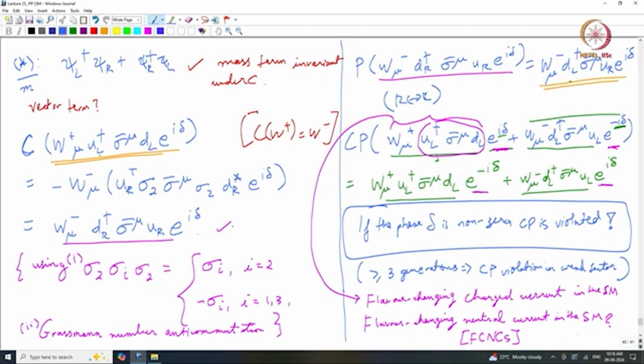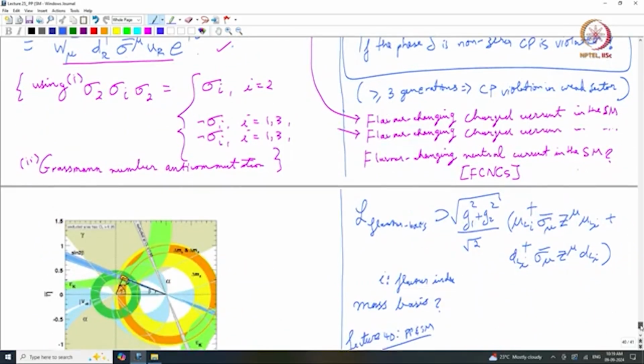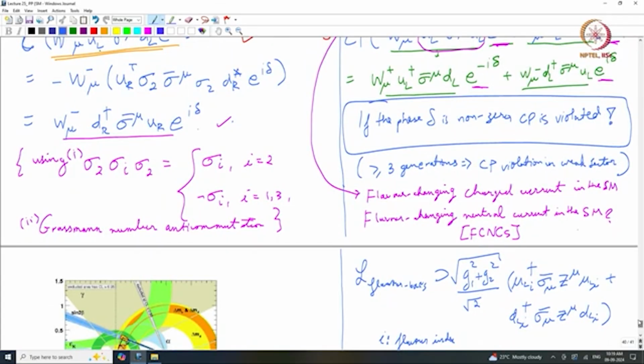So clearly that shows that if delta is not 0, under CP this Lagrangian piece is not invariant. That means the weak interactions are not invariant under CP, correct. So very good, that is where the notion of there being at least 3 generations giving rise to CP violation in the weak sector comes from, okay.